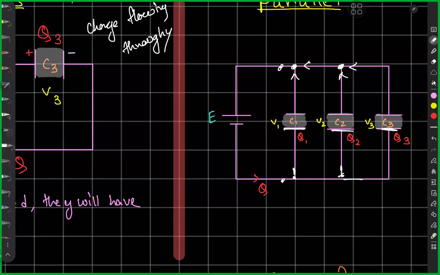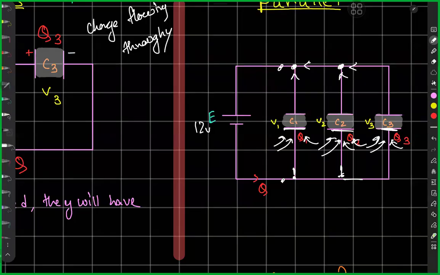So basically, more charge comes in and gets allocated on each of these plates, because the potential difference of 12 volt, if I'm supplying 12 volt, is applied across all of these capacitors. That is why I'm summing up the capacitance.